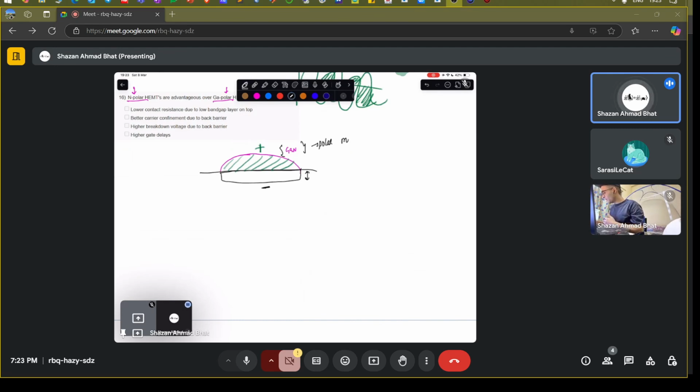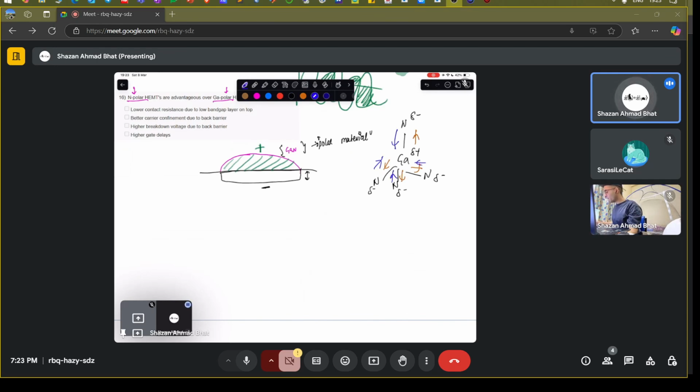There are polarization fields inside because of the electronegativity difference between gallium and nitrogen. This is slightly negative, this is slightly positive, and so on. Accordingly, you can have the polarization fields and the electric fields. This will be the electric field, this will be the polarization field.